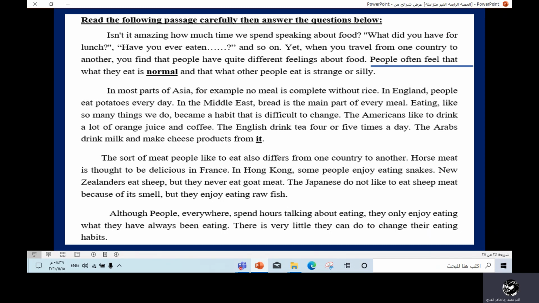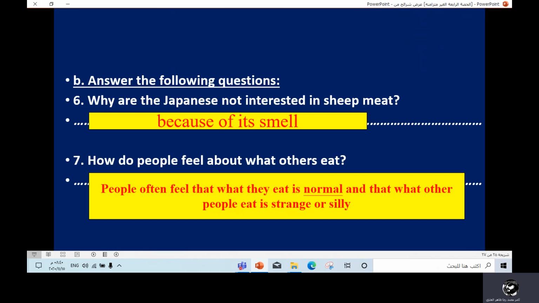People often feel that what they eat is normal, and that what other people eat is strange or silly. So this is the answer. It's better to write all these sentences to answer the question.